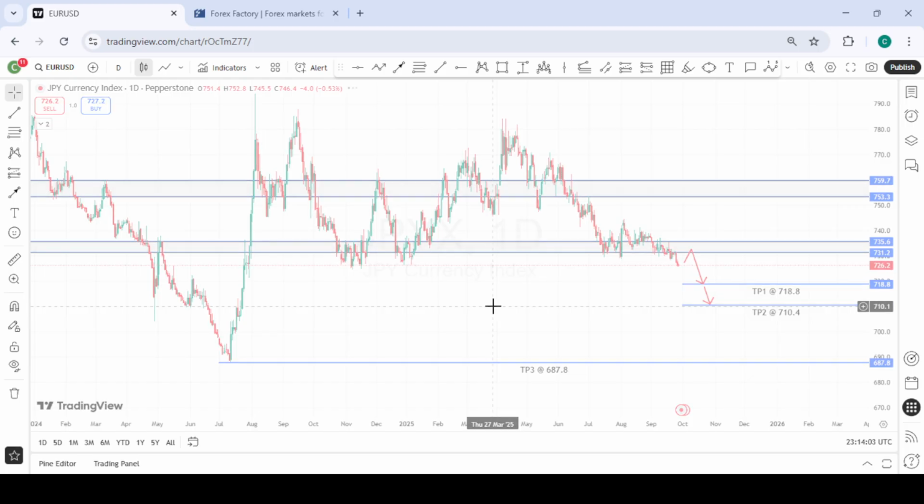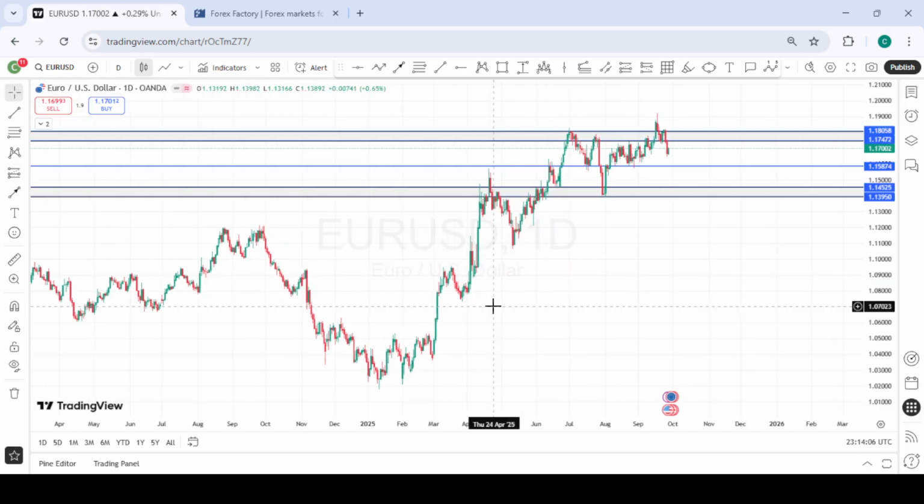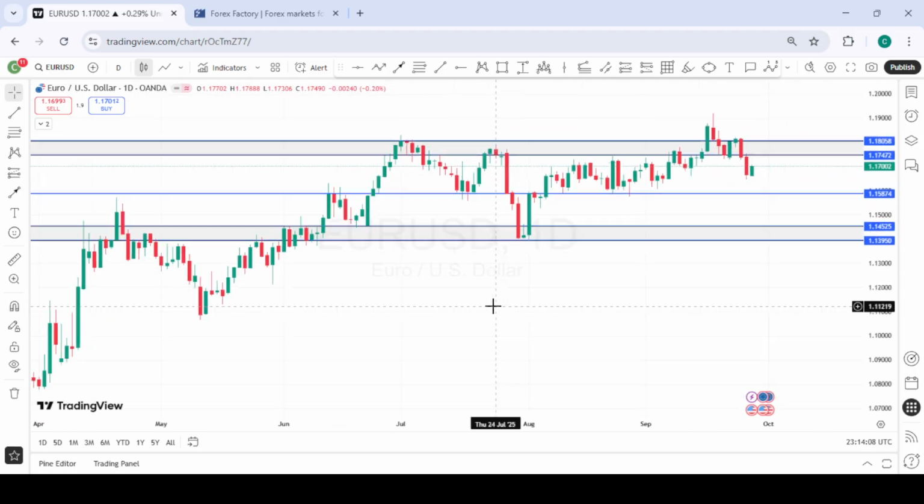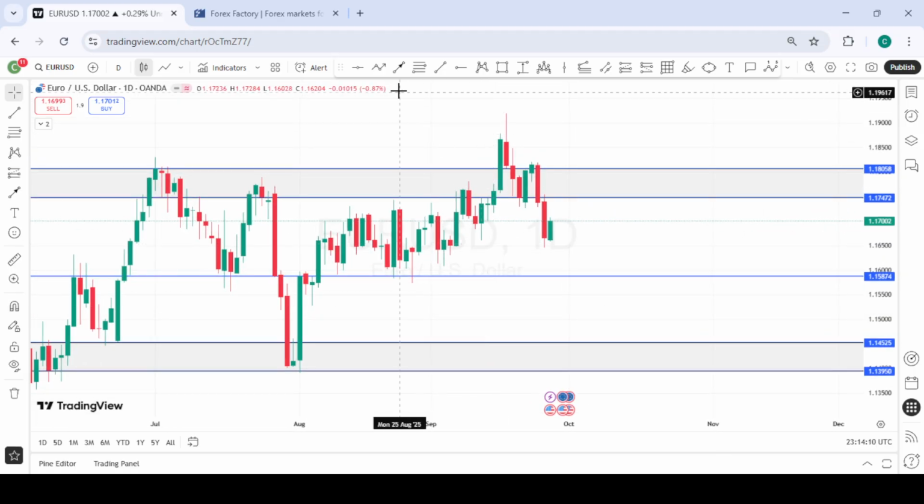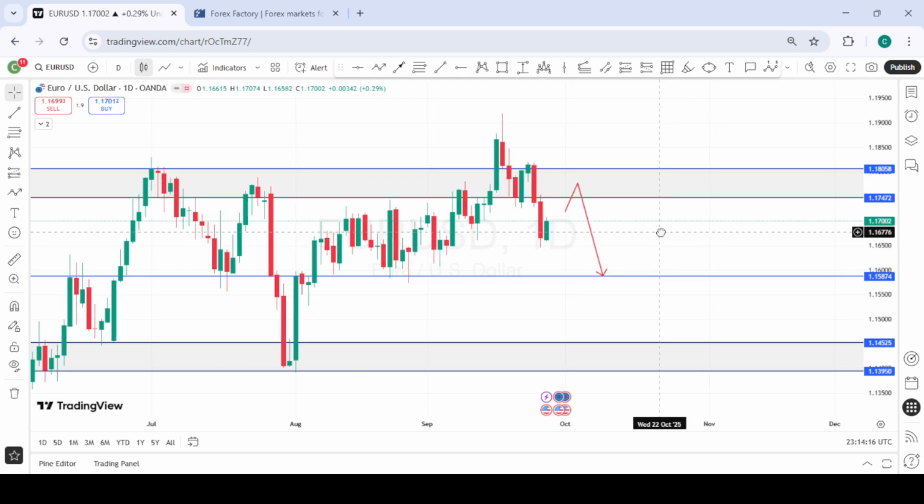So we have here Euro USD. Just as we saw on DXY, for the coming week, we'll be looking forward to a possible pullback into this area of interest. Look for selling opportunities and target this first zone as our first target. Then our second target is going to be the zone we have below for Euro USD.